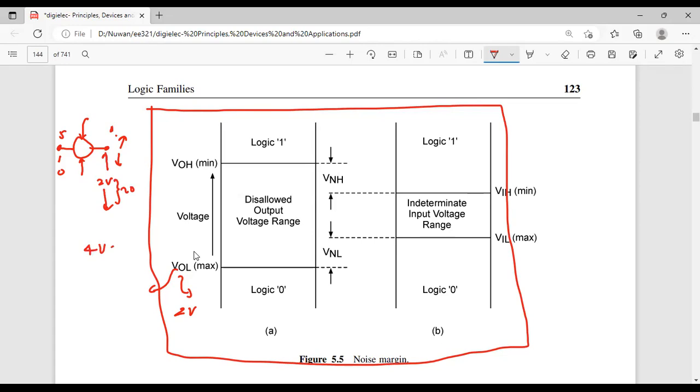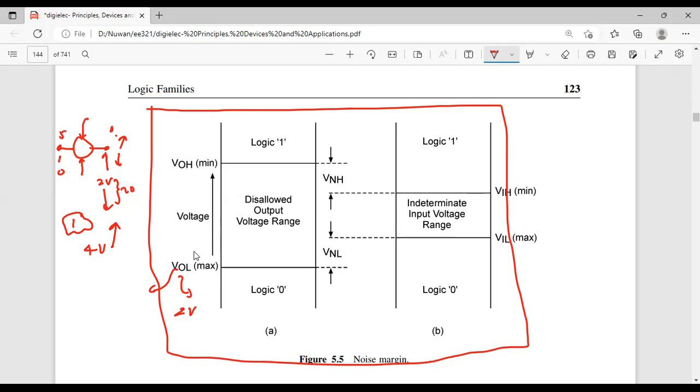If the output is 4 volt or higher, it is understood as 1. So for low level you have a max value, and for high level a minimum value. If there is any voltage between these two, it cannot be identified as 1 or 0. That is the normal idea of noise margin.